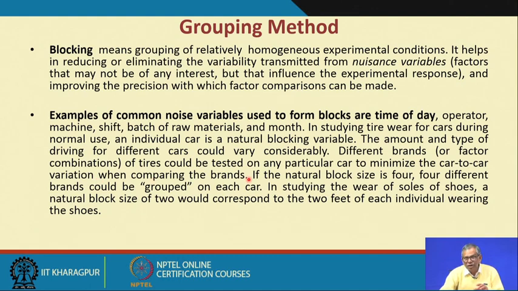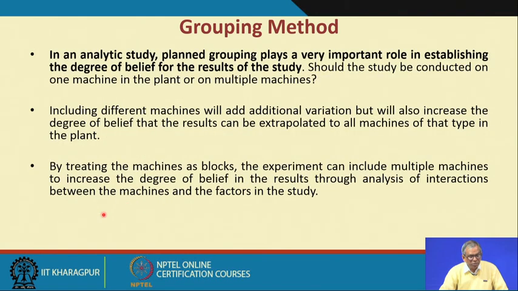I am just discussing a particular situation: if the natural block size is 4, 4 different brands could be grouped on each car. In studying the wear of soles of shoes, a natural block size of 2 would correspond to the 2 feet of each individual wearing the shoes. These are the ways you apply the grouping principles.